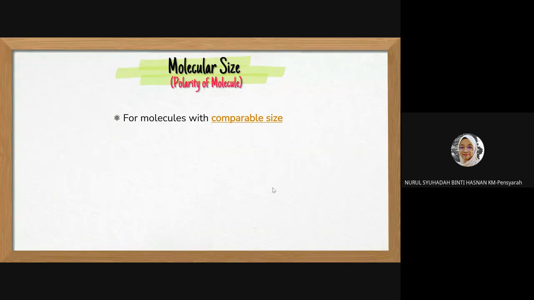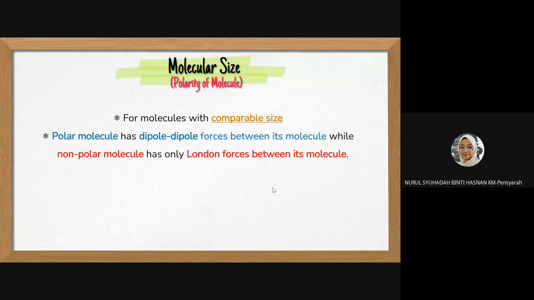Comparable size dekat sini maksudnya dia punya molecular weight adalah sama, dan polarity of molecule, so maksudnya kita akan ada different polarity. Different polarity kat sini maksudnya kita ada molekul yang berbeza. Satu adalah polar, satu lagi non-polar. Tapi dia punya molecular weight lebih kurang sama.